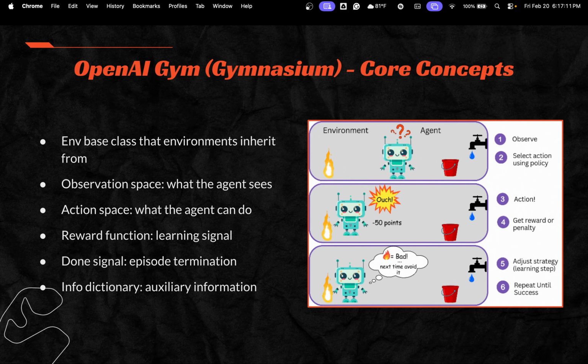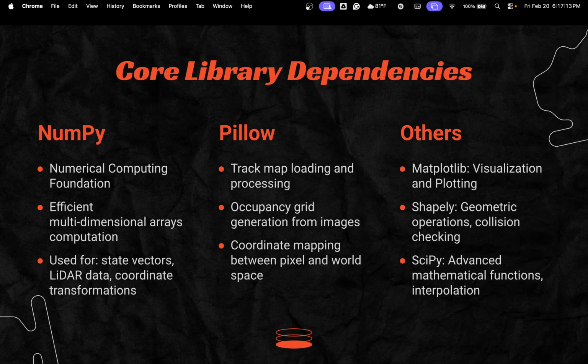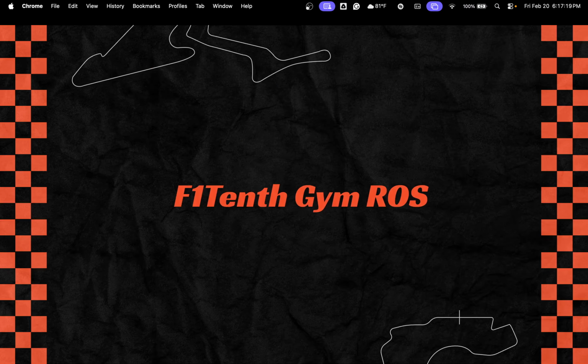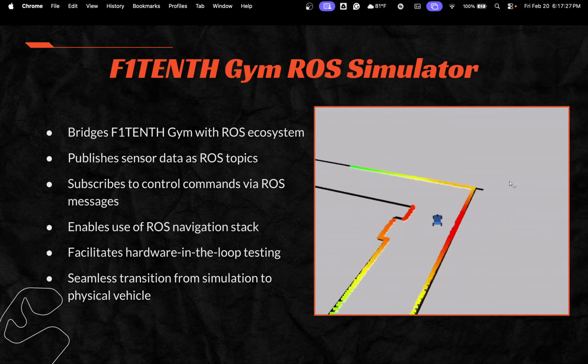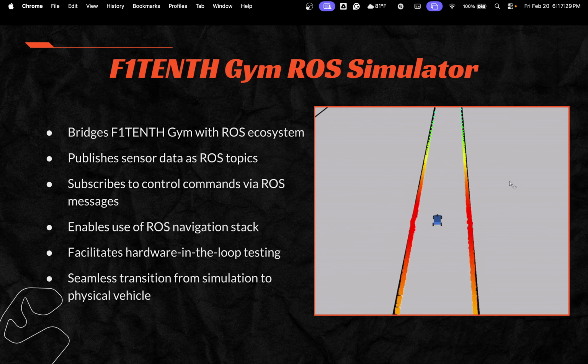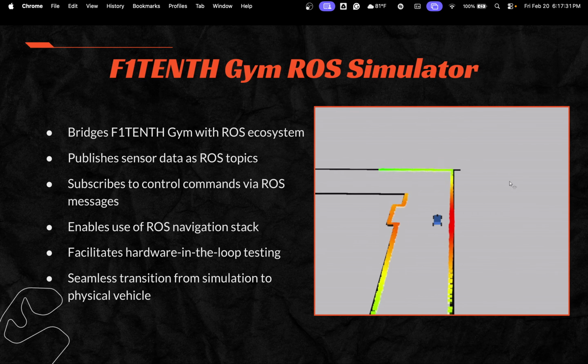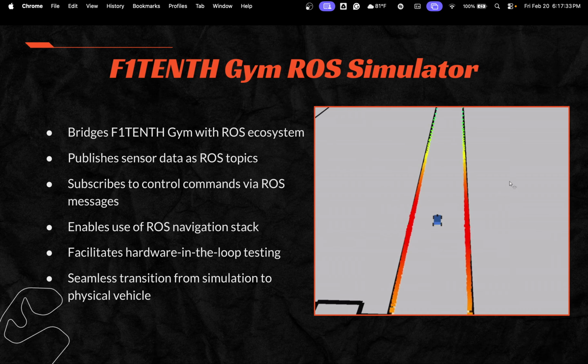We can quickly go over the core concept of Gymnasium. The core libraries it depends on are NumPy, and Pillow to load the maps, among a few other things. And F110 GymROS is a bridge library that connects the Python base to ROS, so you can easily test things using ROS.